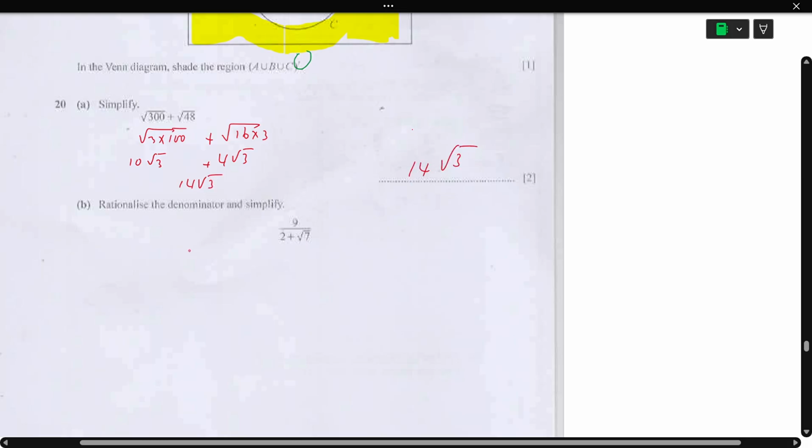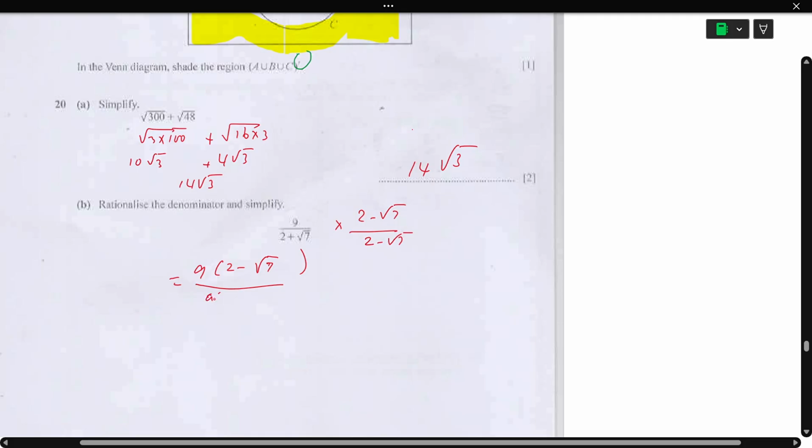Next, here rationalize the denominator. So we need to multiply its opposite sign up and down. So 2 minus root 7 over 2 minus root 7. Numerator is 9 into 2 minus root 7. Over here, a plus b times a minus b is a square minus b square.